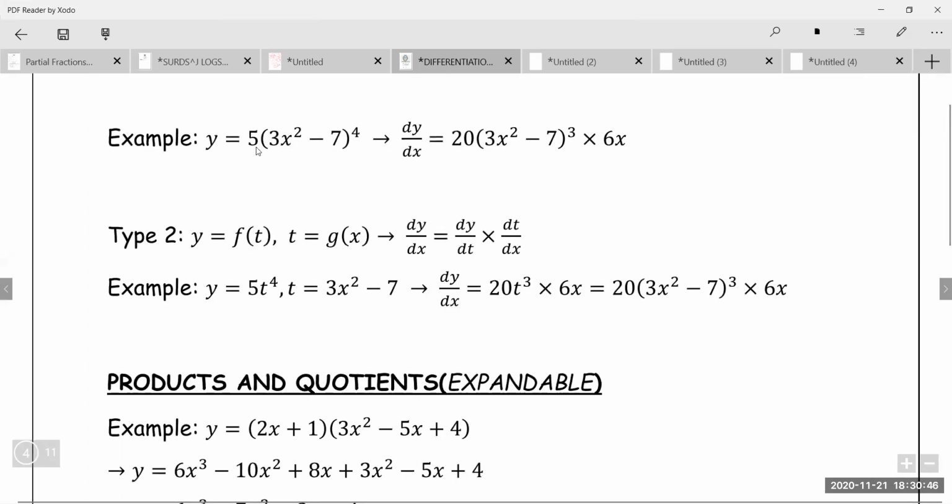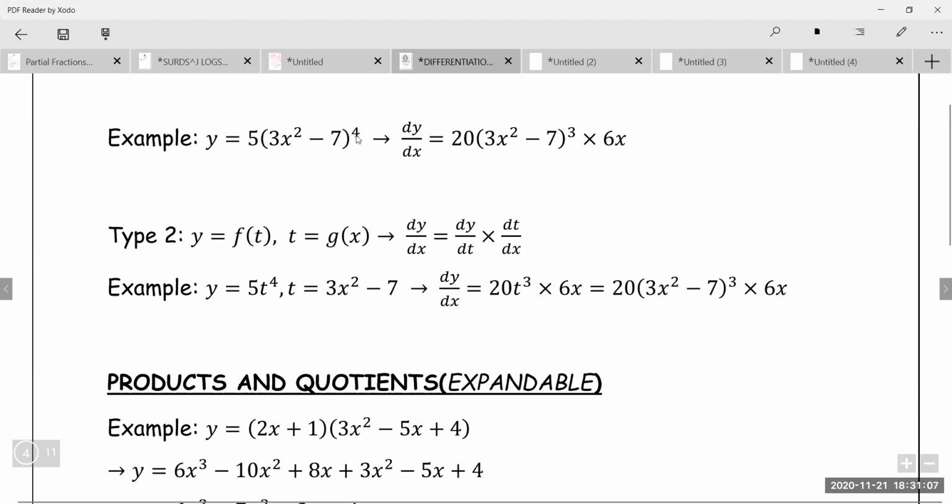For example, you have y is 5(3x squared minus 7) to the 4th power. So the composite rule is you differentiate this function first. The inner function is 3x squared minus 7. To differentiate this, you carry down the power: 5 times 4 is 20.